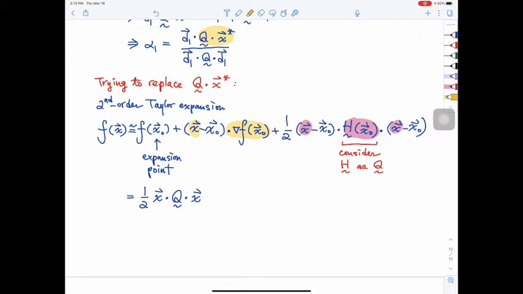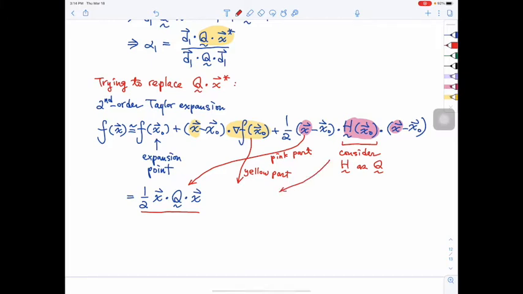Let's combine all the first order terms. So the pink part is right here, and the yellow part, and also it's difficult to highlight the first order terms, and also the first order parts in here.